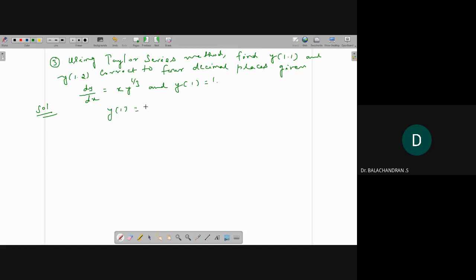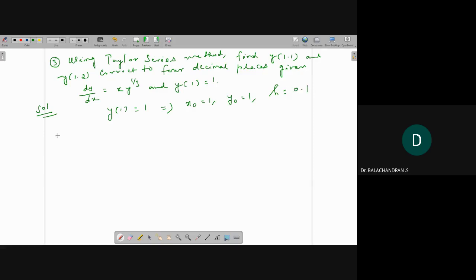Y of 1 equal to 1 implies x naught is 1, y naught is 1. And h is also 0.1.